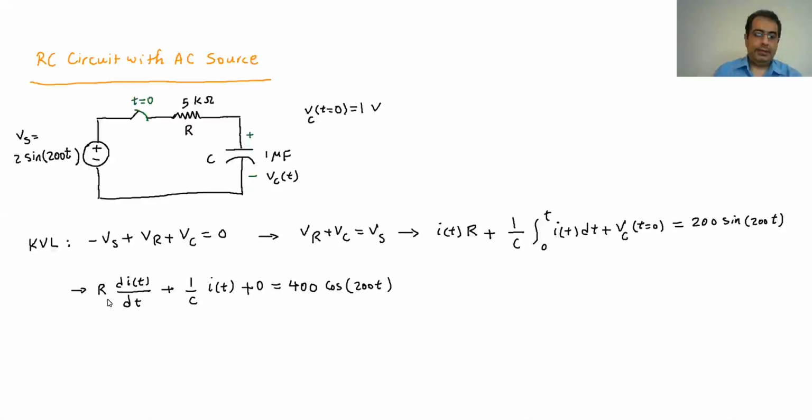And now if I multiply the entire equation by C to get rid of that, I'm going to have RC di/dt plus i, and the zero term I'm not going to write anymore, is equal to 400 times C times cosine 200t.